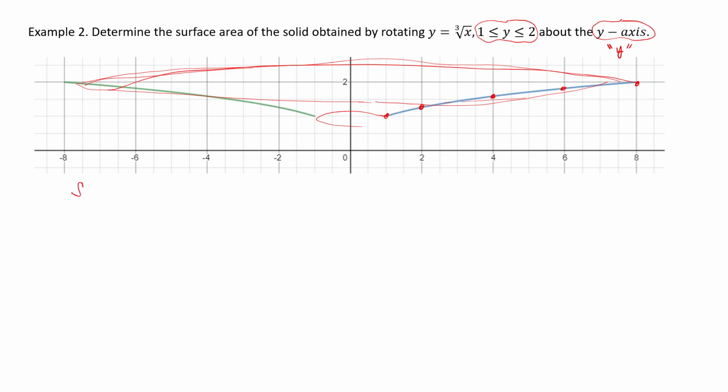By formula, since we are in the y format, 2 pi from y1 to y2. Again, since it's in the y-axis, the radius should be perpendicular to the axis of rotation, so 2 pi x.